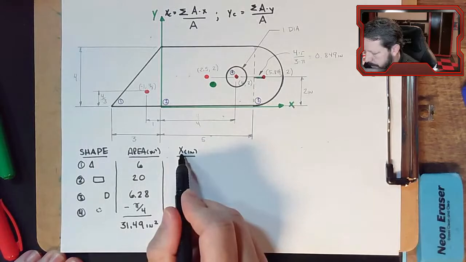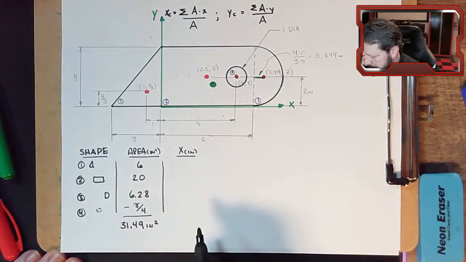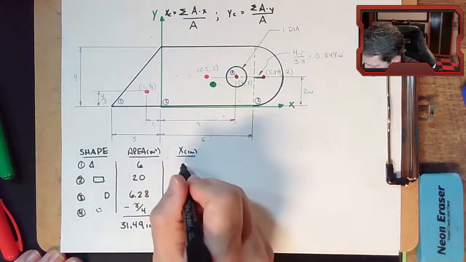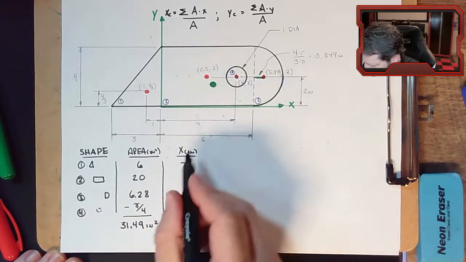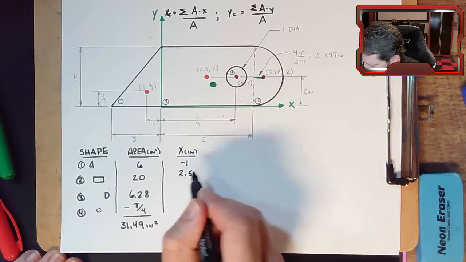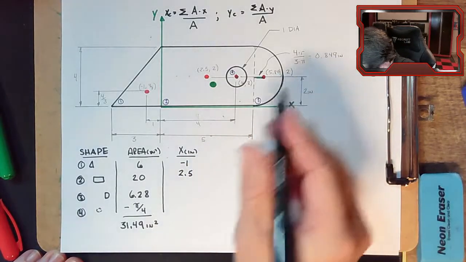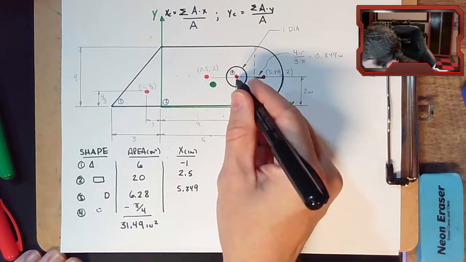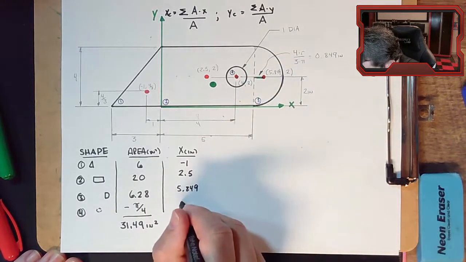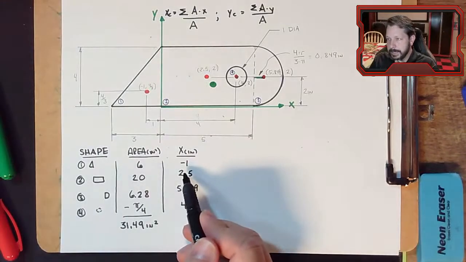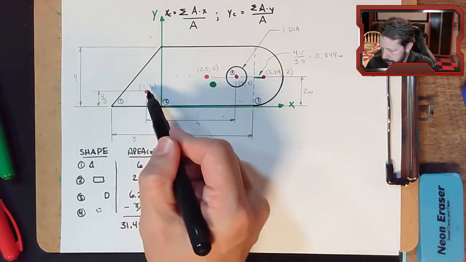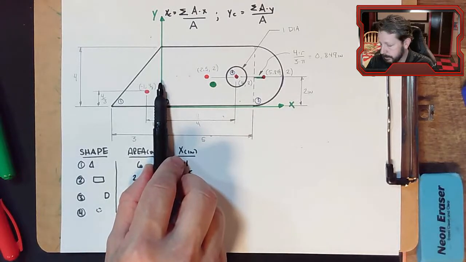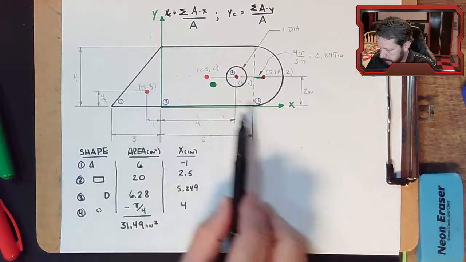So this is the X coordinate of the centroid for each one of my pieces. We could just go to our little ordered pairs here, and so that one's a -1. This one is a 2.5. This one is a 5.849. And this one, we did write it down, it's 4. It's important to keep track of that -1 because that centroid, from my reference point, which is the y-axis, if I'm measuring in the x direction, is in the -x direction.